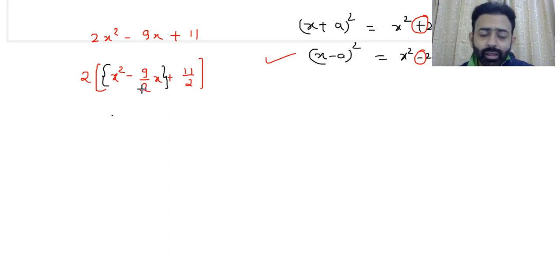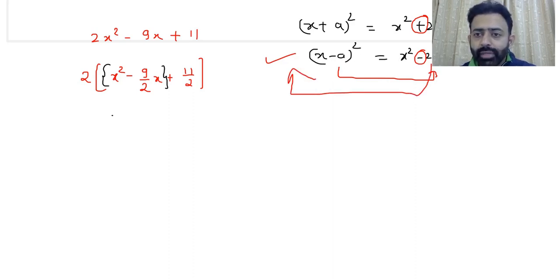So here, the first thing is this. Second, if I open up like this, I need to compare the coefficient of x, which is 2a, with this. So this 9 by 2 basically represents 2a in the formula. I have to write this as x minus a whole square type.